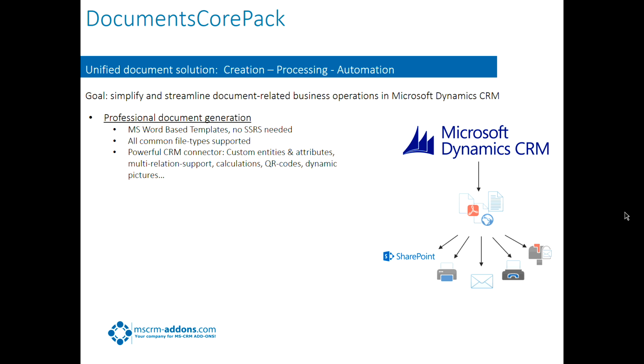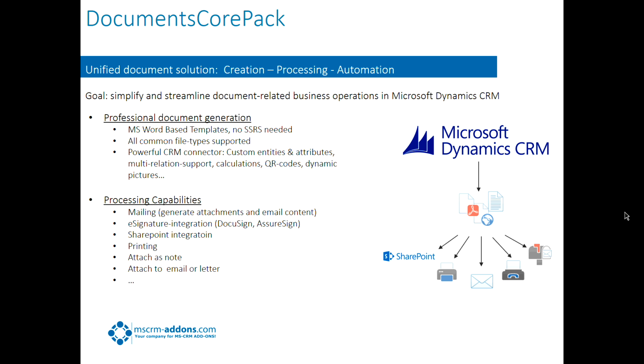And it has a powerful CRM connector, so it allows you to use your custom entities and attributes. Also provides you multi-relational support. It'll do calculations, QR codes. It can do dynamic pictures and many other things. The processing capabilities of it allow you to actually generate documents and mail them.